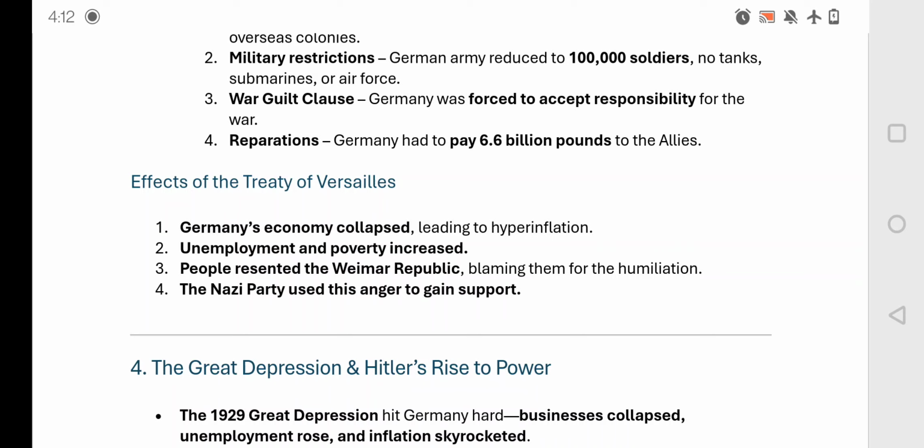So all this affected Germany so badly. Germany's economy collapsed due to that, and due to this, hyperinflation started. Now, what is the meaning of hyperinflation?